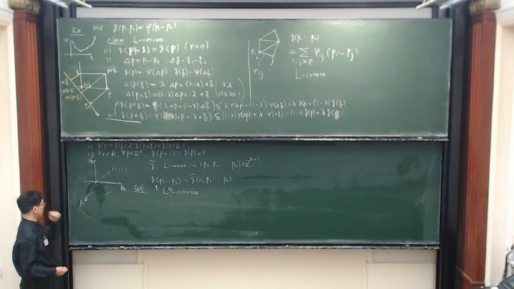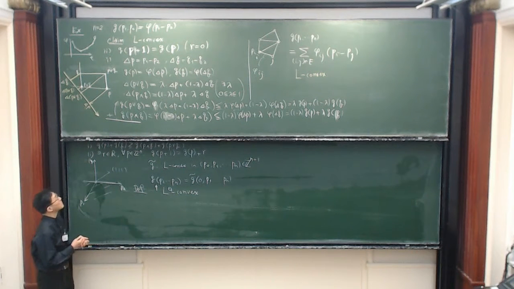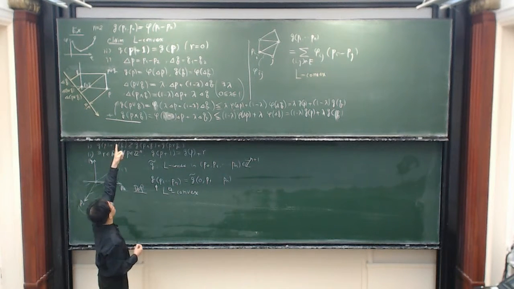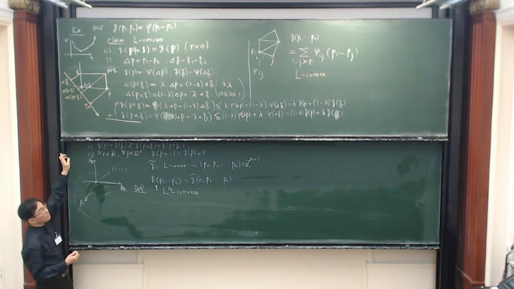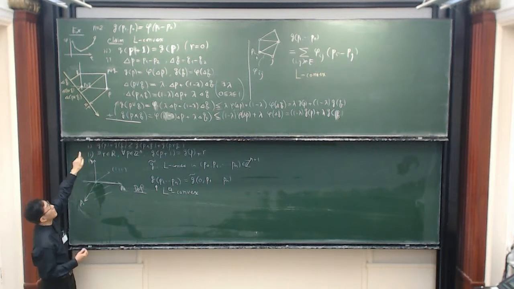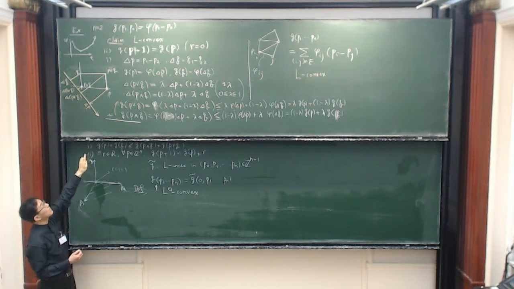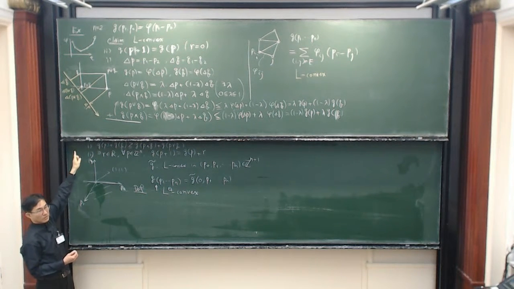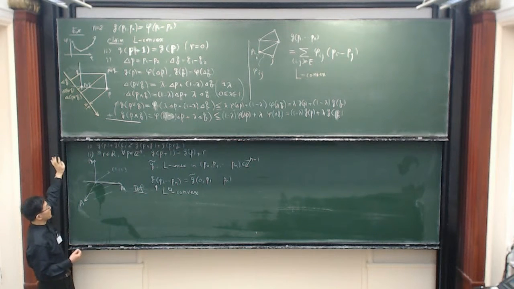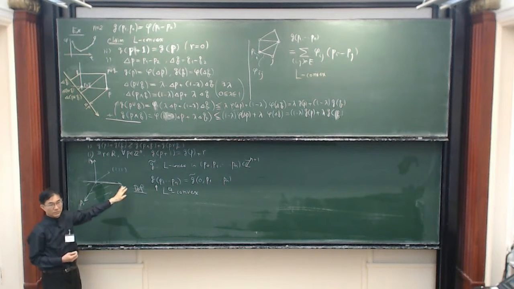And since we know that example, the function g is L-convex. And now suppose we fix p2 to be 0. What we get is the original univariate convex function. So the univariate convex function is a particular case of an L natural convex function.